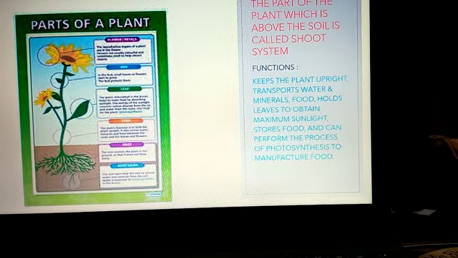So these are all the functions of the shoot: keeping the plant upright, transporting water and minerals, holding the leaves to obtain maximum sunlight, storing food, and performing photosynthesis.